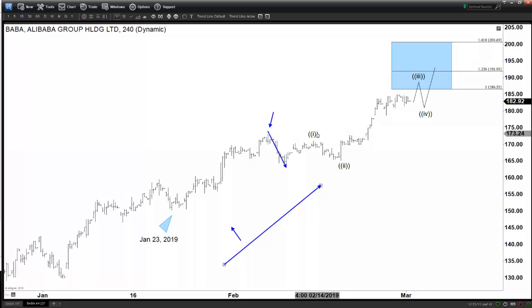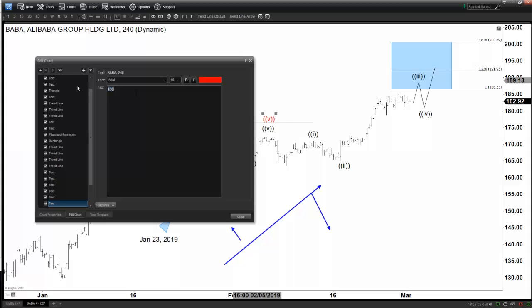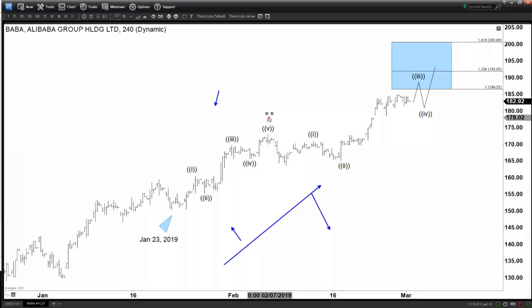So you can put a 1, 2, 3, 4 and 5 here, and then, if you want, you can call it a zigzag of some sort. Let's say this is A, and this is B.